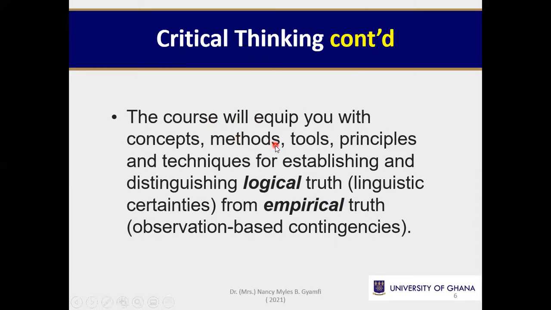All right, so we proceed. The course will therefore equip you. The course critical thinking aims at what? Equipping you. Now you should have by now seen the course outline, which has more elaborate information on aims, objectives, outcomes.